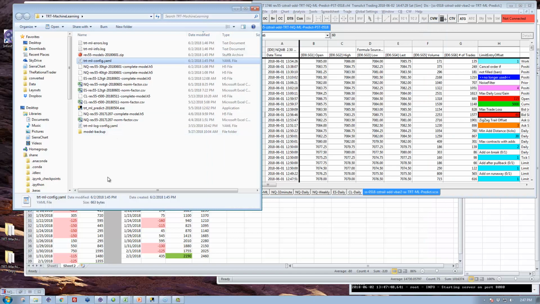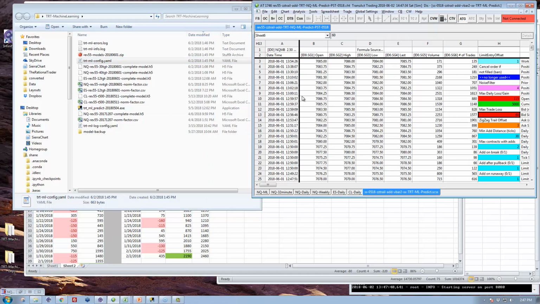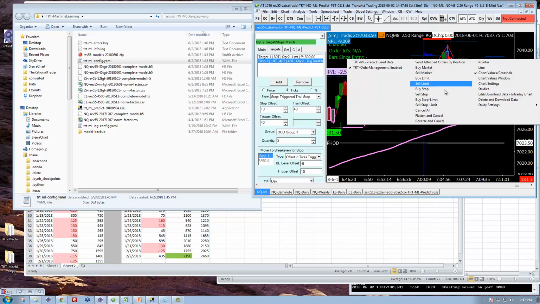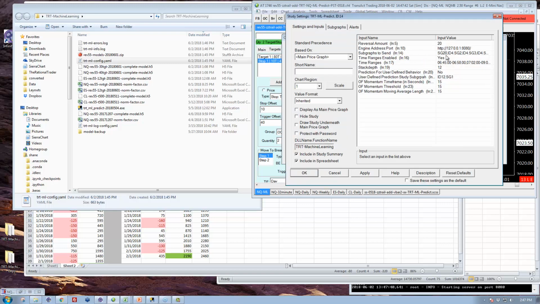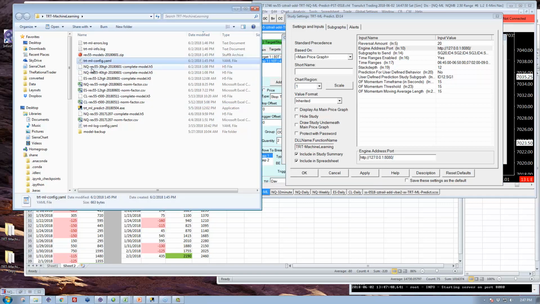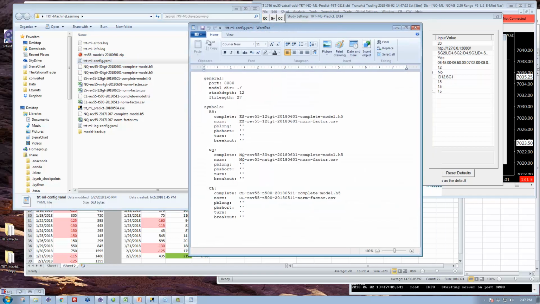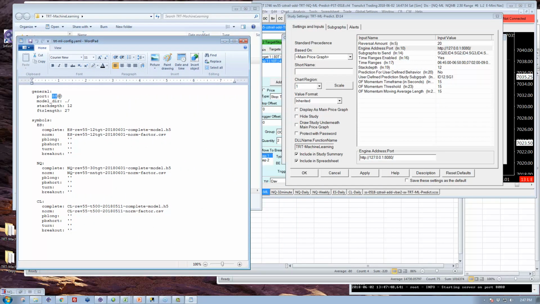And then the chart that you're using has to point to 8090. So that's done here in studies, in the machine learning prediction study. That port right there, 8080. This matches this spot right here. Where did it go? Here. You see that? This port here, 8080.